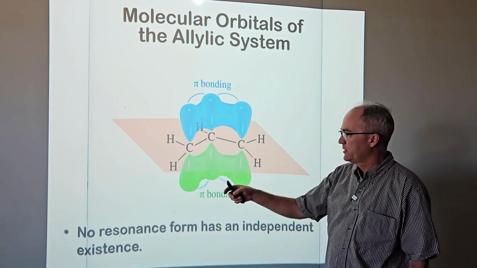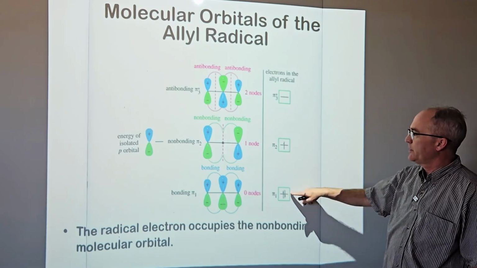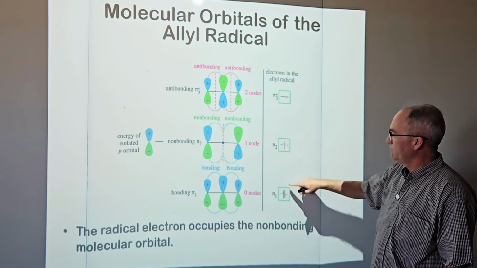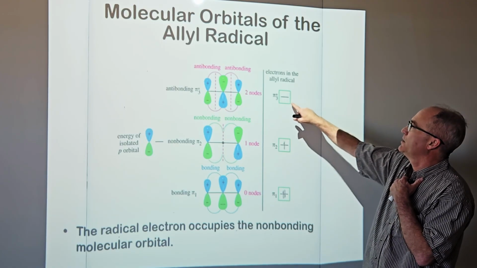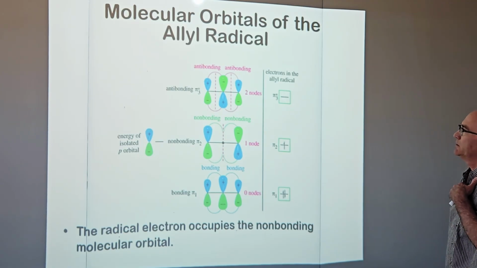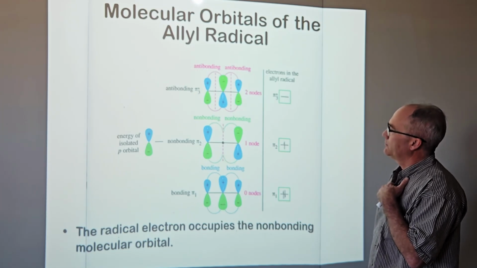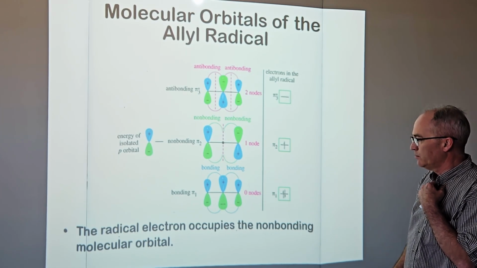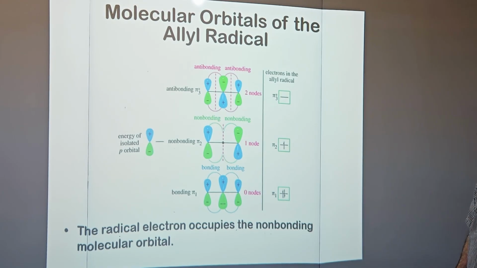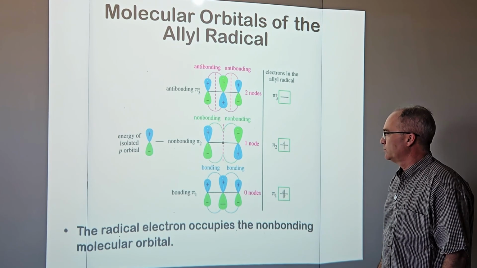We think of this all being kind of pi bonded. So it's like we have a bonding pi orbital, and here is a non-bonding orbital, which is the allylic radical. The radical electron occupies the non-bonding molecular orbital.